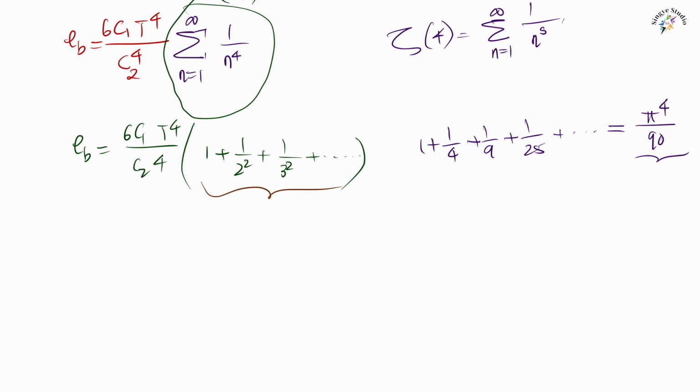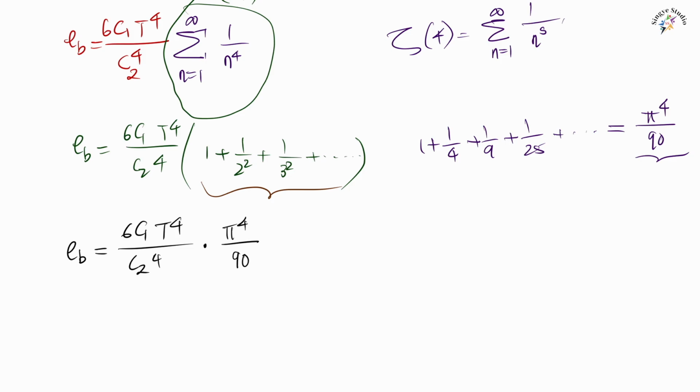Then by doing this, you are saying E_b equals 6 C1 T raised to 4 divided by C2 raised to 4 times pi raised to 4 by 90.